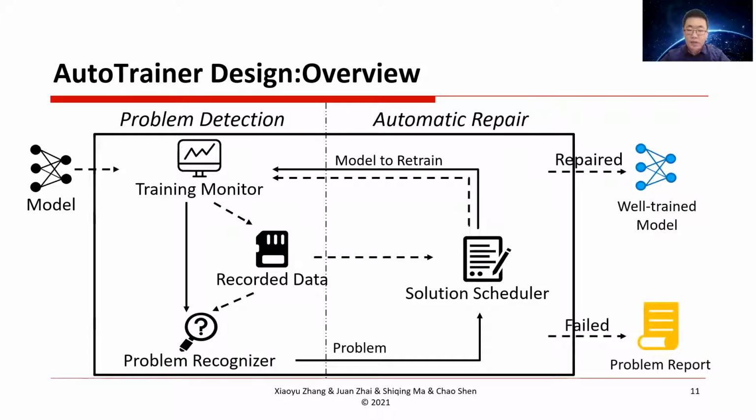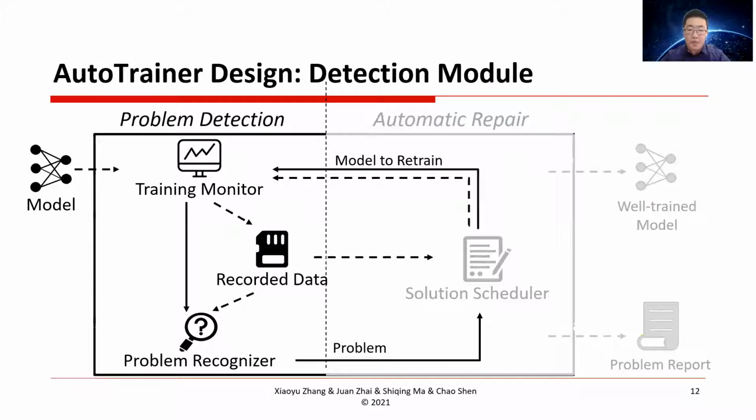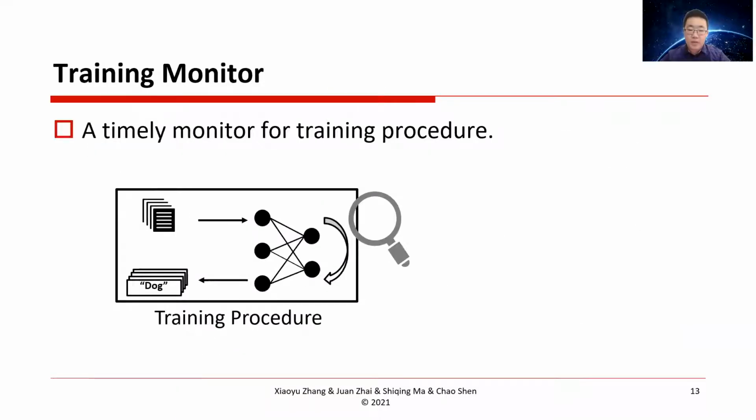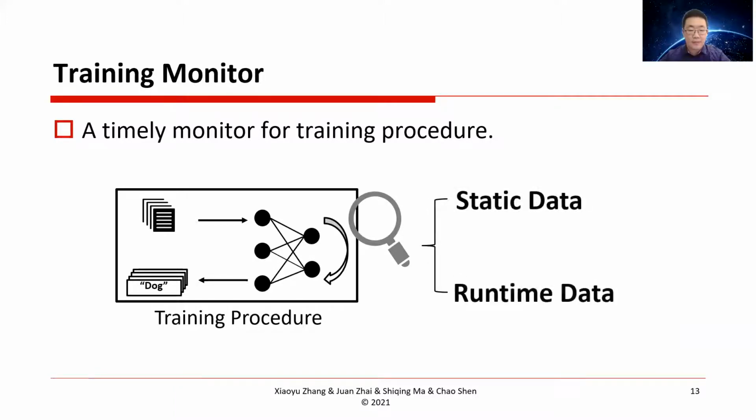The system is shown on this slide. The broken line shows the data flow and the full line indicates the control flow. The detection part mainly contains the training monitor, recorded data, and the problem recognizer. The training monitor is a timely monitor for the training process and records the static data and the runtime data.